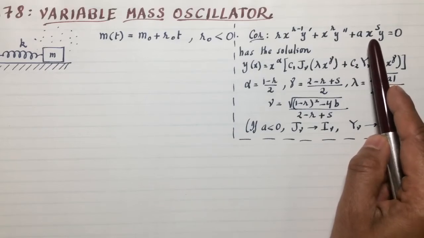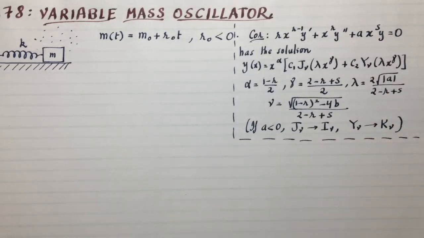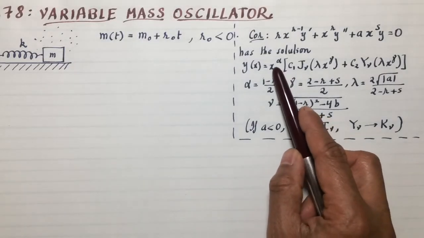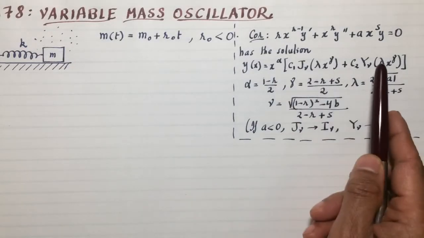This is a very specific kind of problem which can be shown to reduce to a Bessel-like solution, and that solution is some power alpha times the Bessel function and the Neumann function.